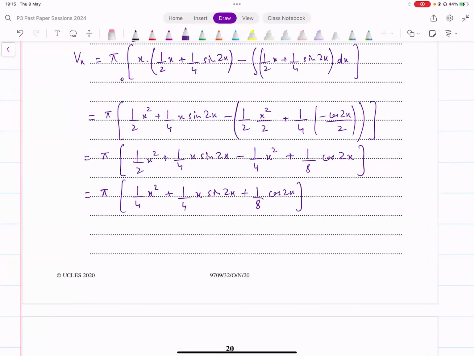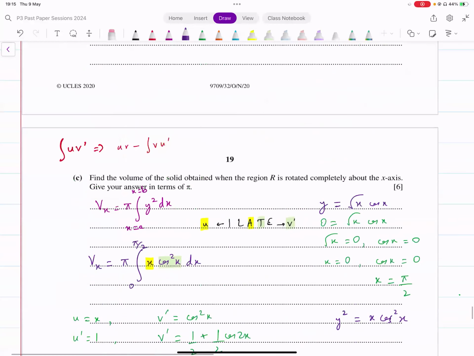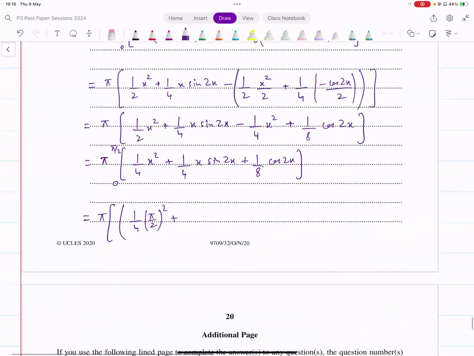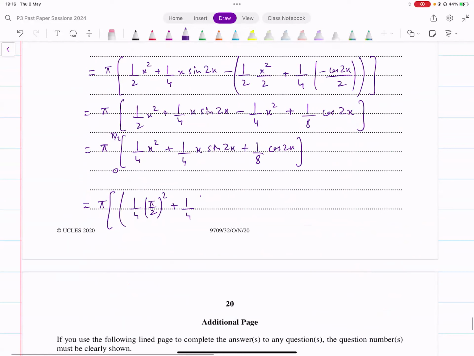Limits are supposed to be from 0 to pi over 2. Input pi over 2 first of all. Pi remains outside as it is. Input pi over 2, that gives us 1 over 4 into pi over 2 whole squared plus 1 over 4 into pi over 2 into sine of 2 pi over 2 plus 1 over 8 into cos of 2 pi over 2.